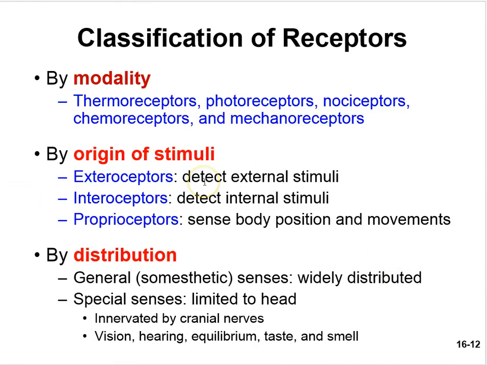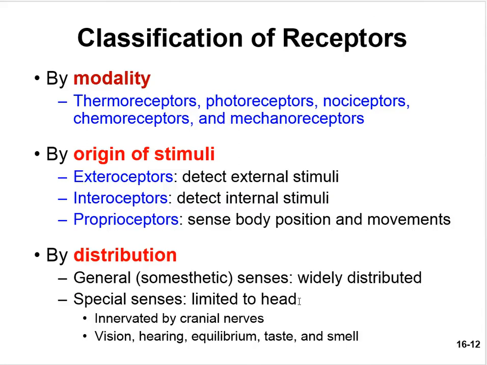They can also be classified by the origin of their stimuli. So for instance, exteroreceptors detect external stimuli. Those can include receptors for vision, hearing, taste, smell, touch, heat, cold, and pain.